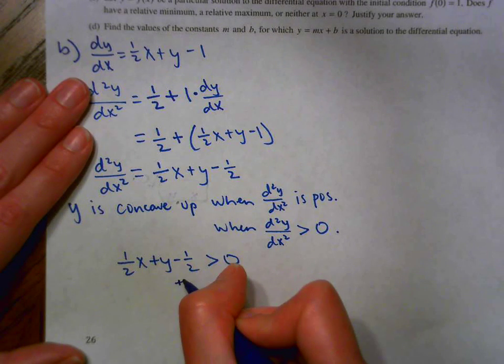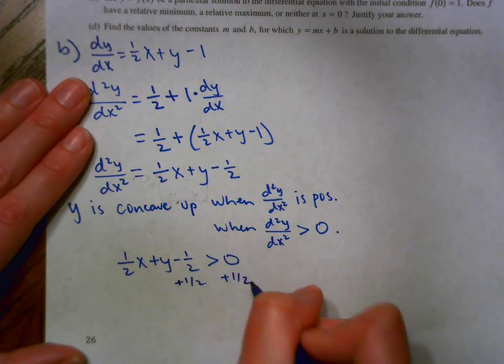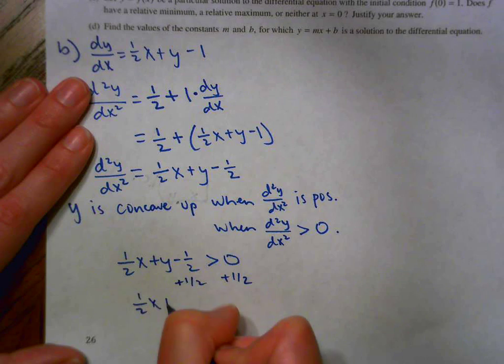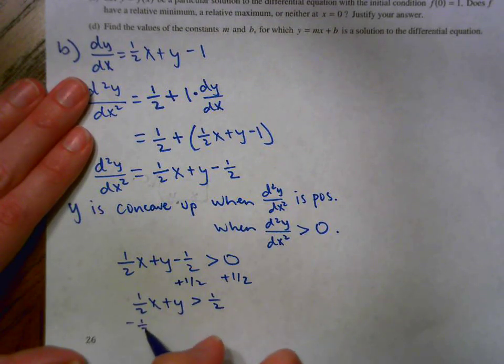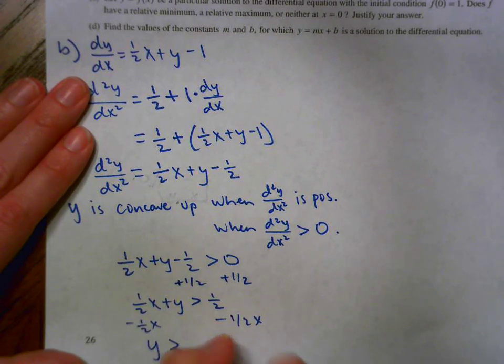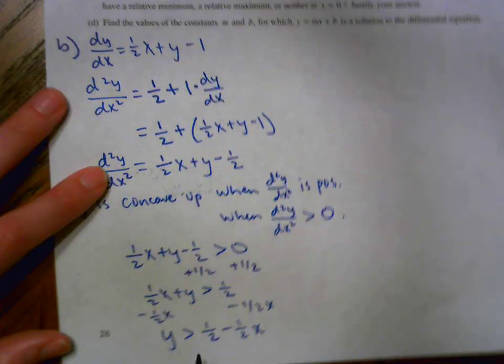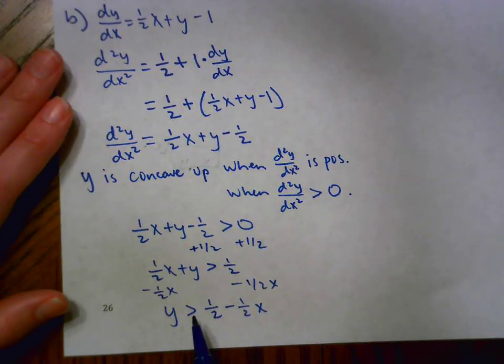So I'm going to do plus 1/2. Then you have 1/2 x plus y is greater than 1/2, and then minus 1/2 x. So that would be when y is greater than 1/2 minus 1/2 x, or you could switch that to be negative 1/2 x plus 1/2.